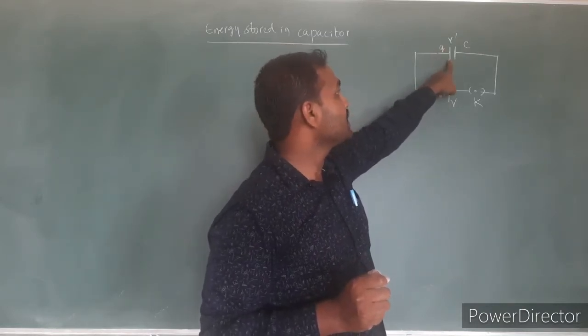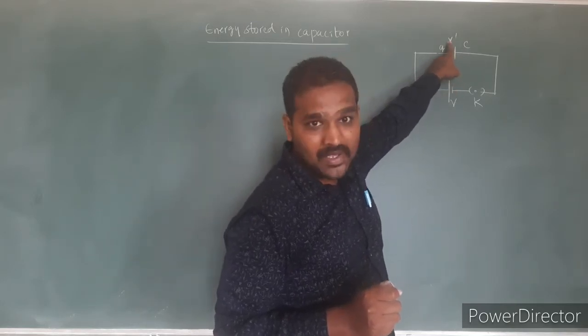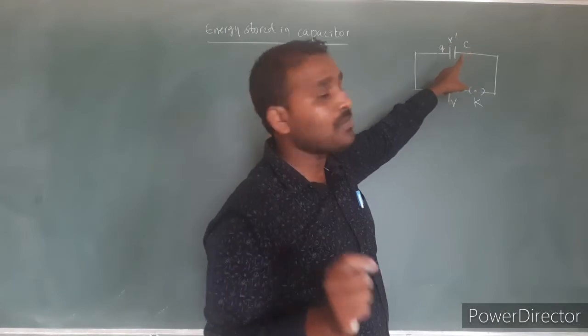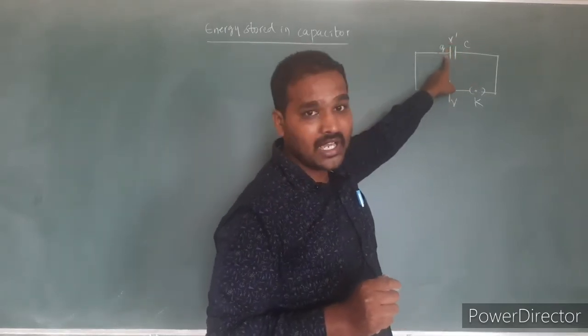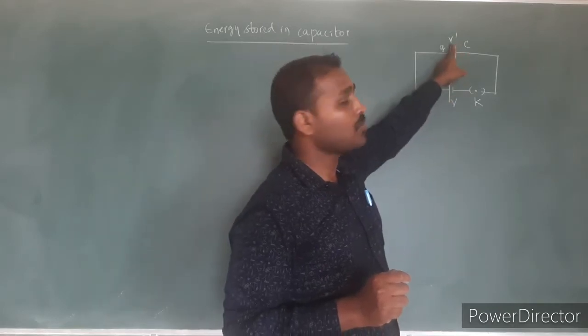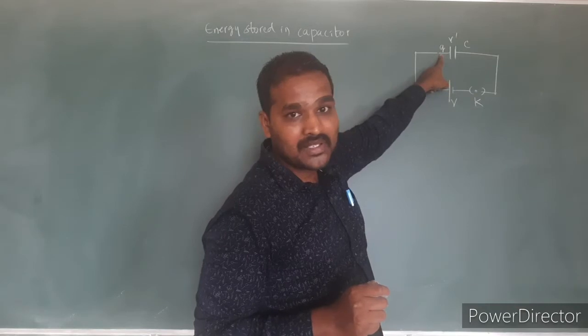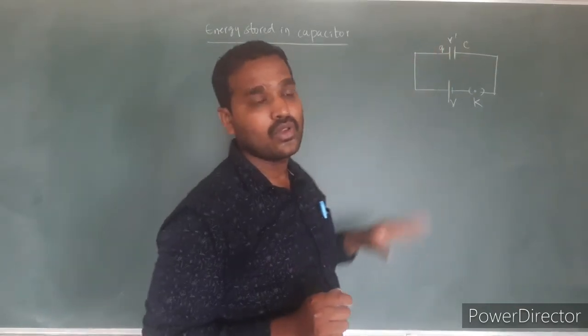When there is charge stored in the capacitor, there will be potential developed in the capacitor. Let that potential developed after the same time be V dash. V dash is the potential developed in the capacitor when the charge stored in the capacitor is small q.